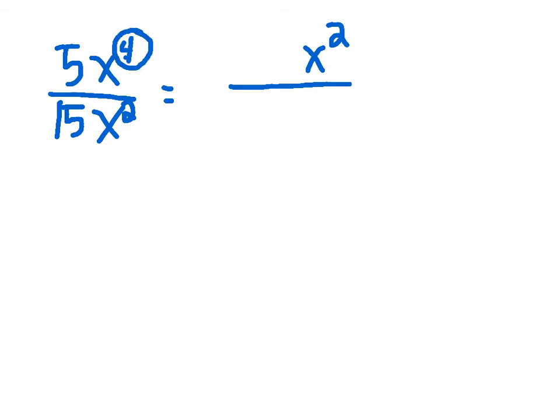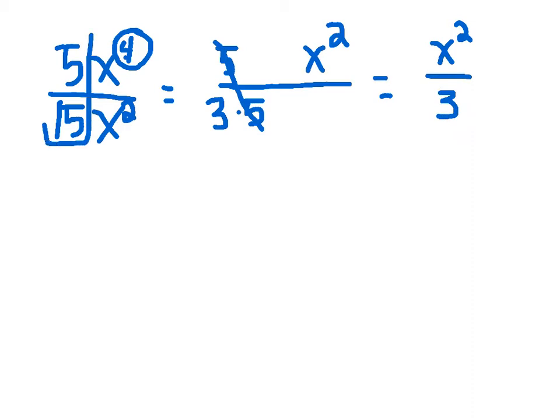Also, I know that 5 is a prime number, and 15 is 3 times 5, so those 5s cancel out. And my answer is x to the second over 3. What I really did here is I just simplified this fraction, simplified or reduced.